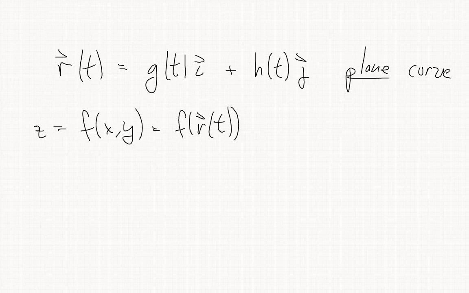So if we've got a curve, let's say our curve r of t is something like this, then maybe our f, by graphing, so I'll do some fancy 3D example to draw this better.